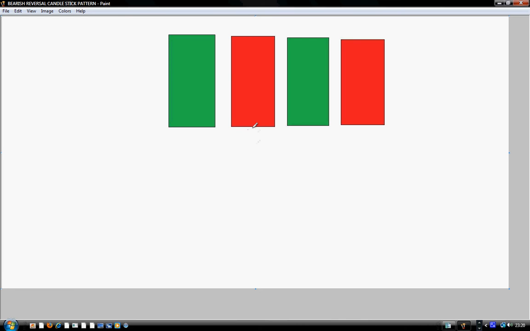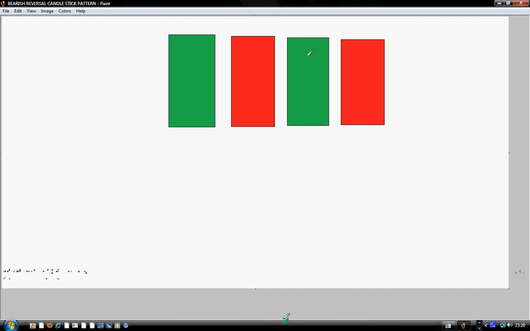And we pay attention to the low of the second candle. We pay attention in this particular case to the high of the second candle. The third candle must not take the high, must not violate the high of the second candle. Very important.